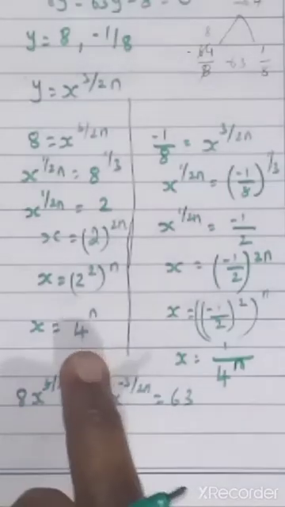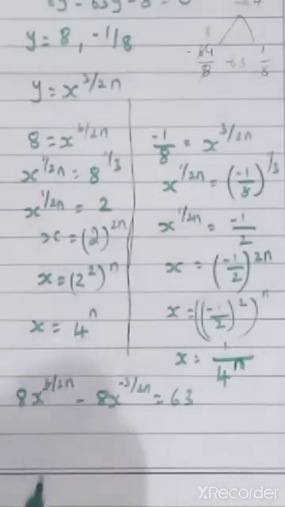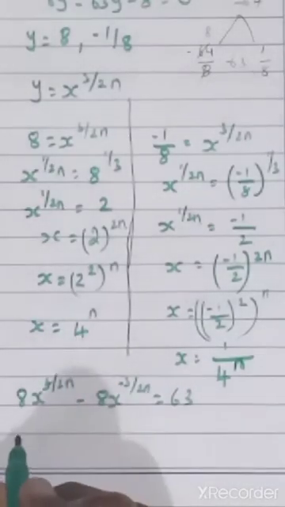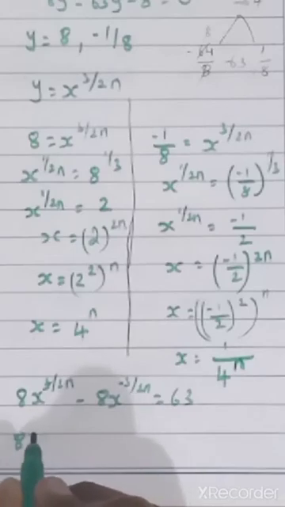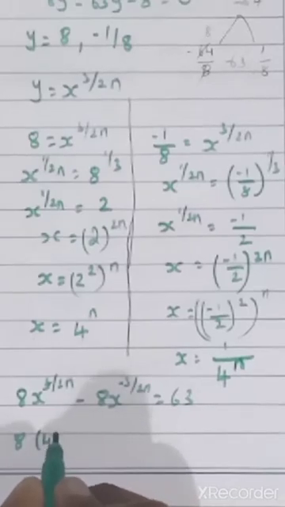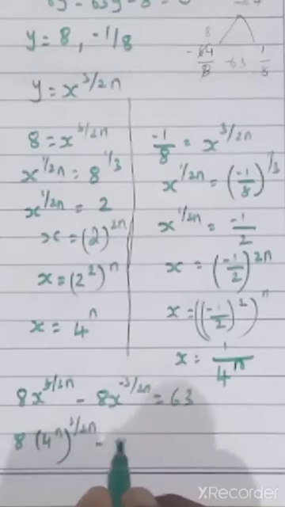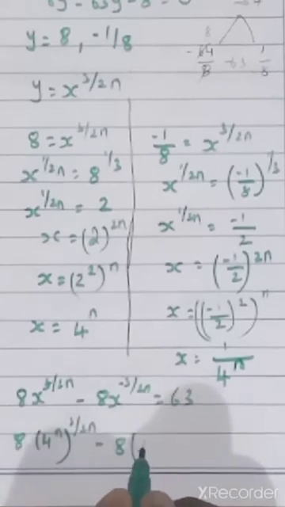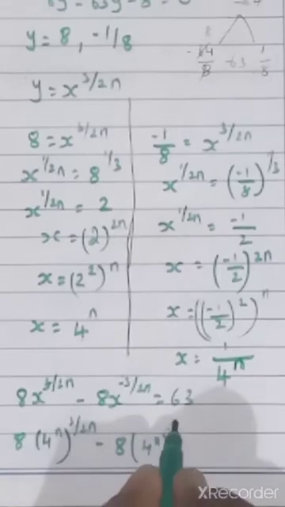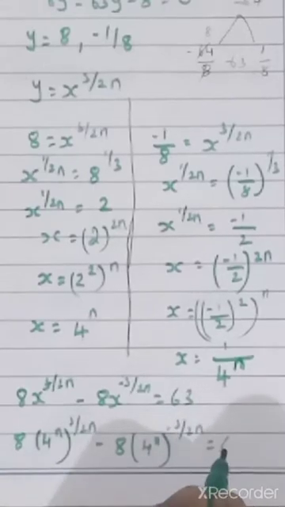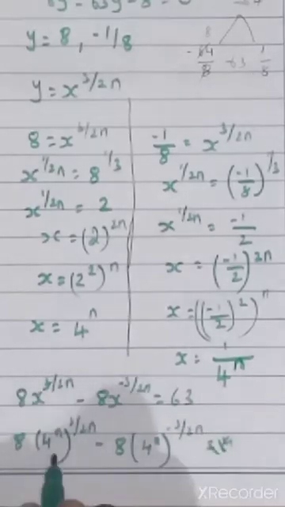So first we can take x equals 4^n. How can we write this? 8 into (4^n) the whole power 3 by 2n, minus 8 into (4^n) the whole power minus 3 by 2n. No need of the equal to.